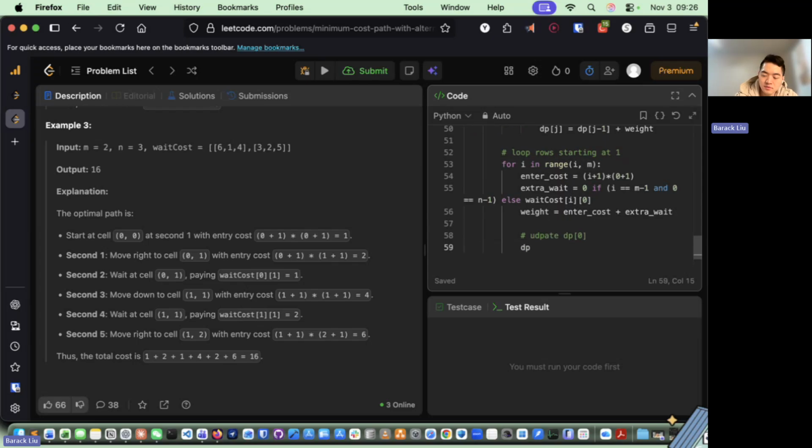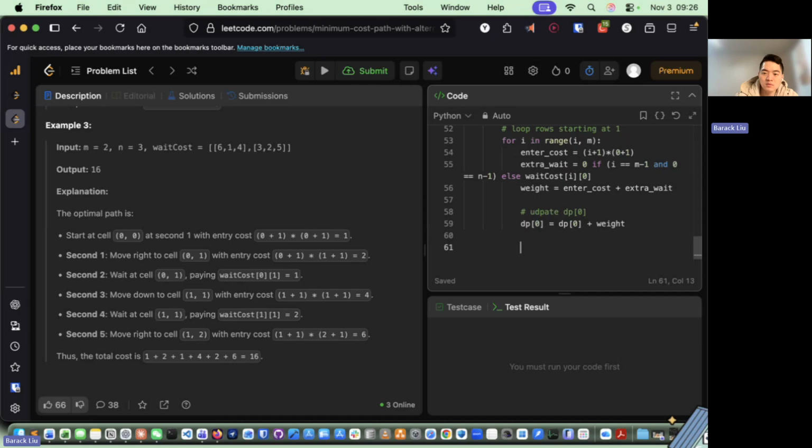So make sense? Now we can handle other columns.